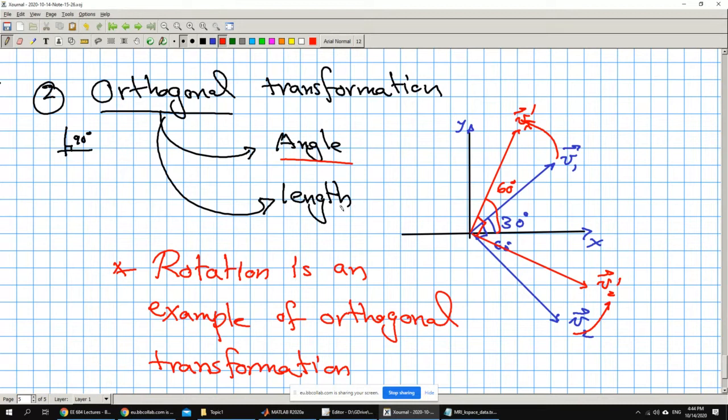Okay? The second thing here is the length. After I rotate this vector to that one here, V2 became V2 dash. How about this length and this length? Are they the same? When you rotate things, will it change length, or would the length be the same? I'll give you another example. Just imagine that you're holding a pen in your hand, and you're rotating that pen.